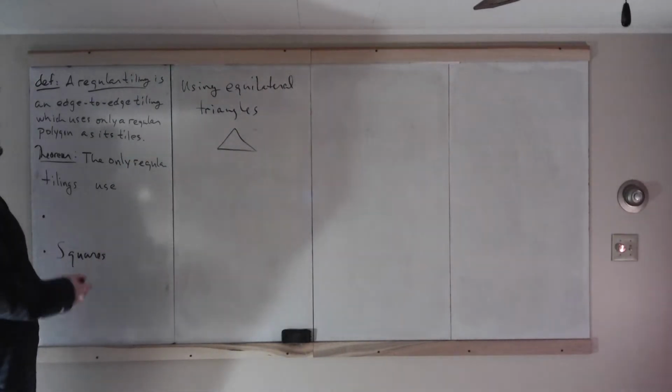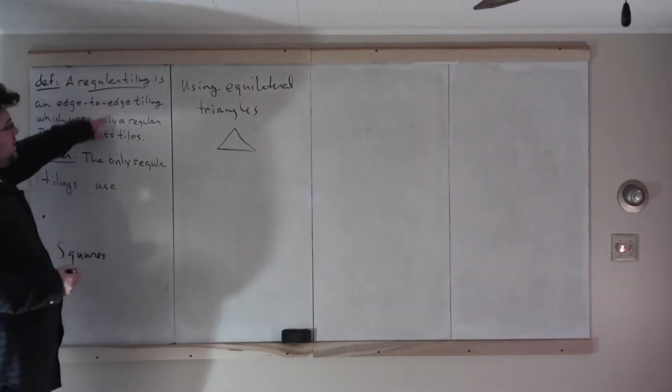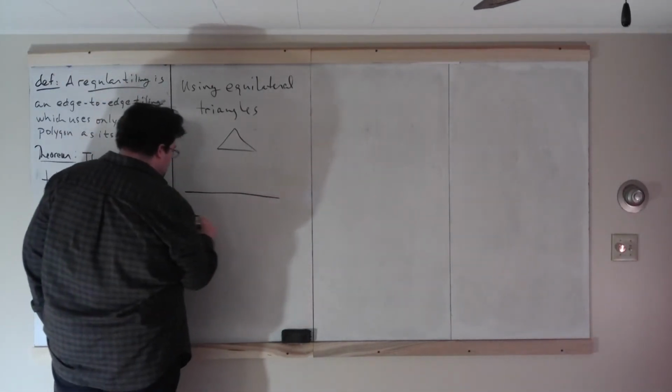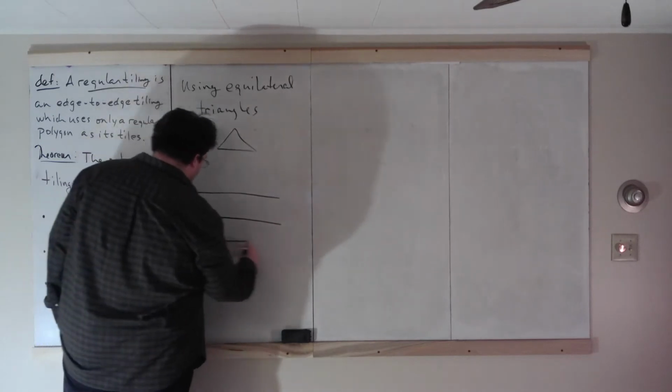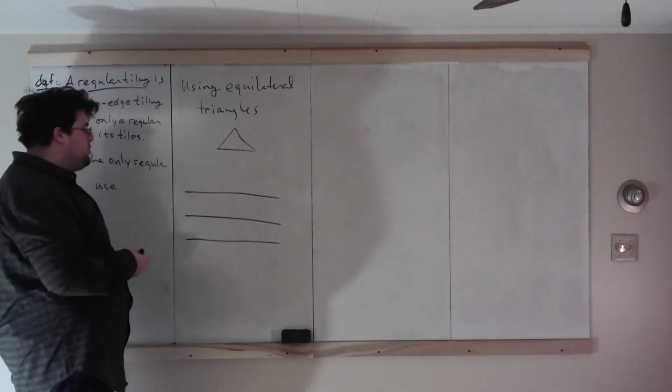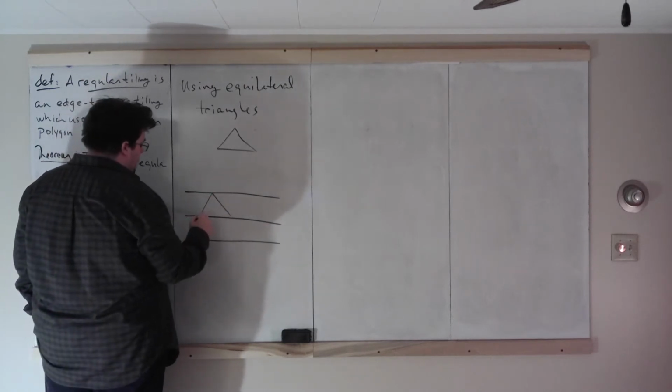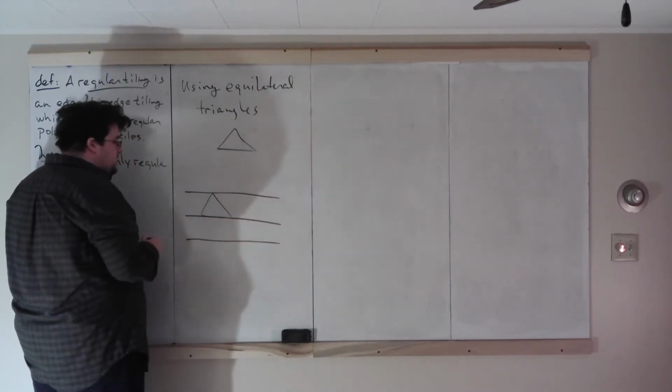Can we use them to fill in two-dimensional space in an edge-to-edge way? Well, let's try. Let's try taking these two strips. Let's put a triangle somewhere. How about right there? There's an equilateral triangle.